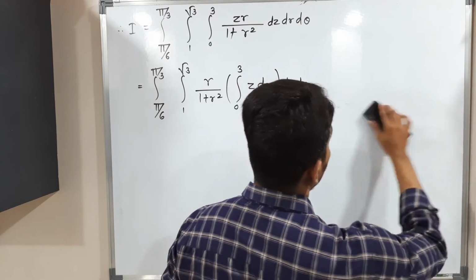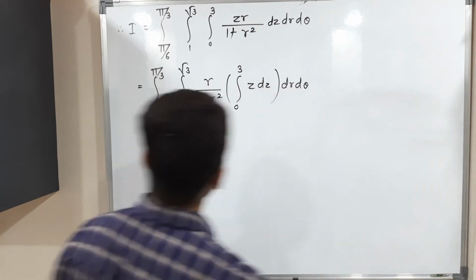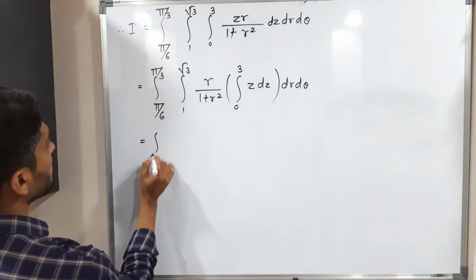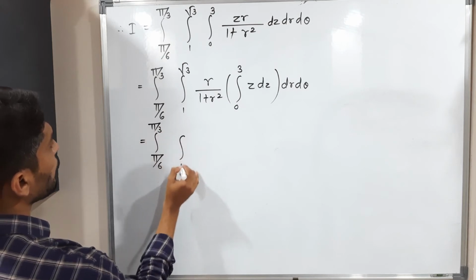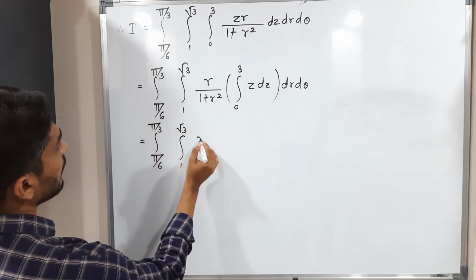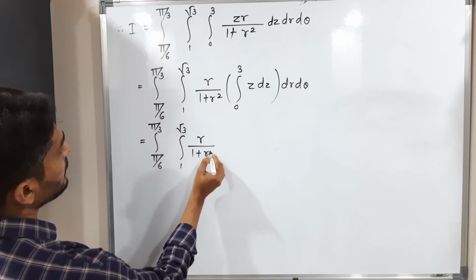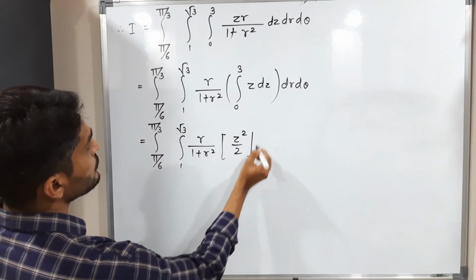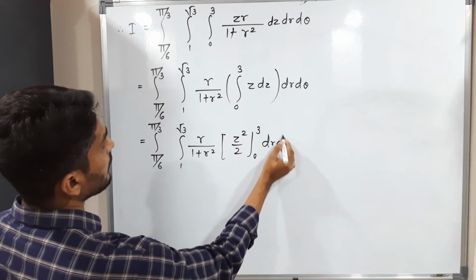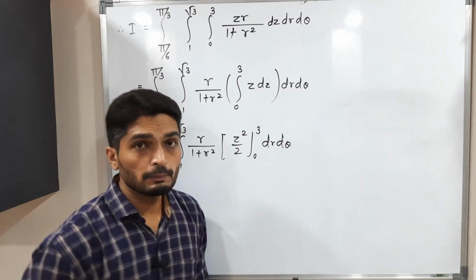Okay, so this is equal to integration pi by 6 to pi by 3, 1 to root 3, r upon 1 plus r square. What is integration of z? Z square by 2, 0 to 3, dr d theta. I will put upper limit first.